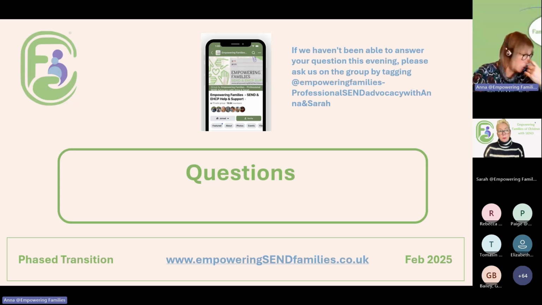The gaps in section B might be things like the local authority have missed out the speech and language therapy identified needs. The local authority have missed out the speech and language therapy identified provision, therefore the wrong school is named. It might be that they didn't do a speech and language therapy assessment.